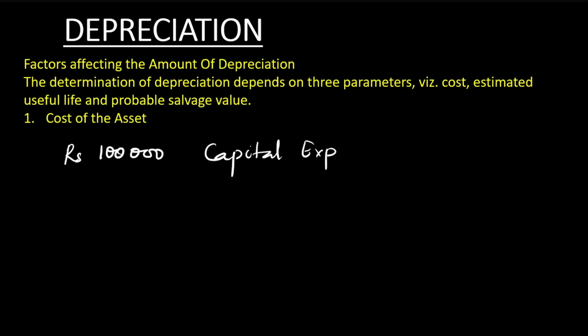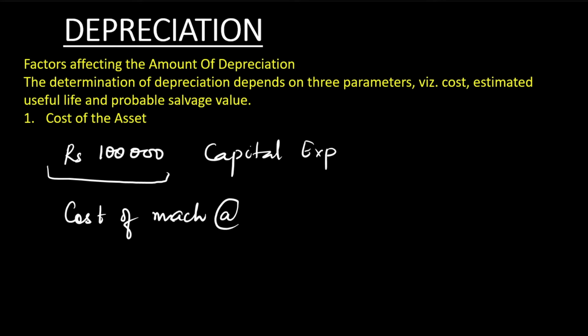Now when we are buying an asset, for example, let's say the cost of the machinery at the showroom would have been rupees 80,000, right?